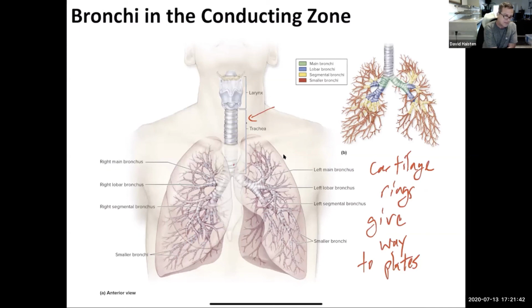So we go trachea, left and right main bronchi. We have 3 right lobar bronchi and 2 left lobar bronchi. Then we go into segmental bronchi, and we go into bronchioles. Here it's just labeled smaller bronchi.